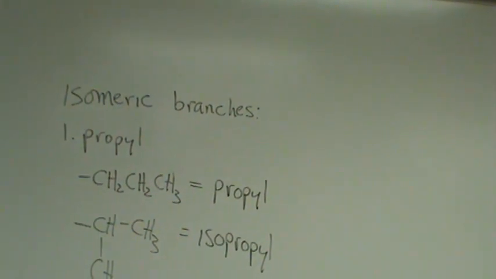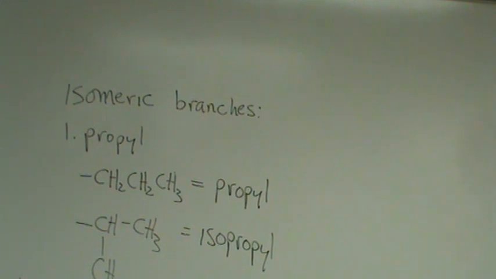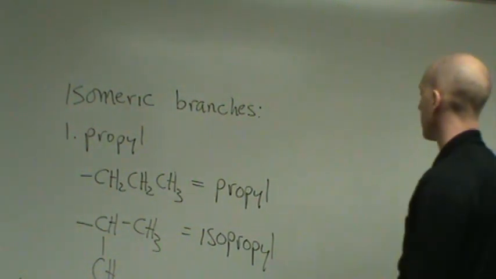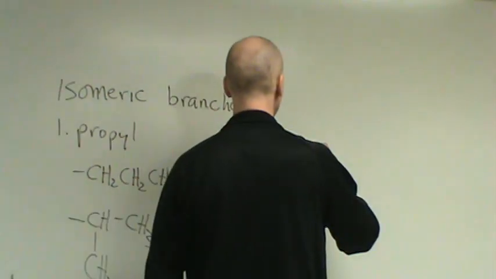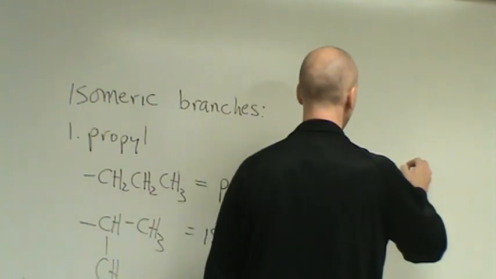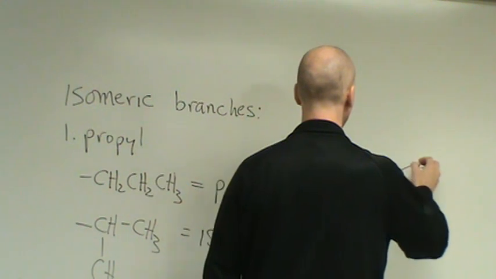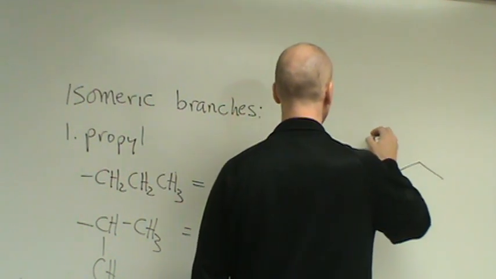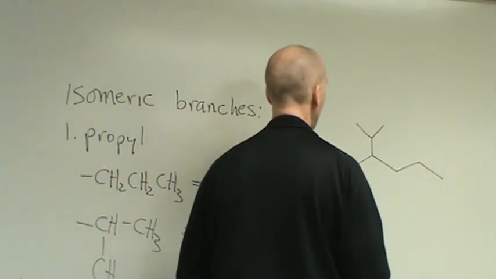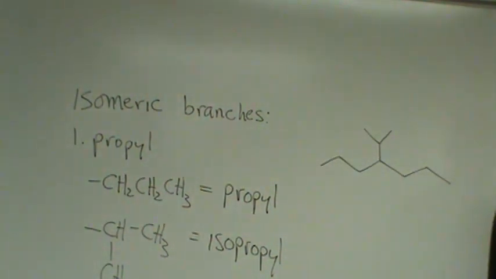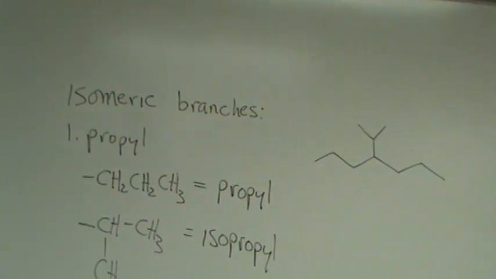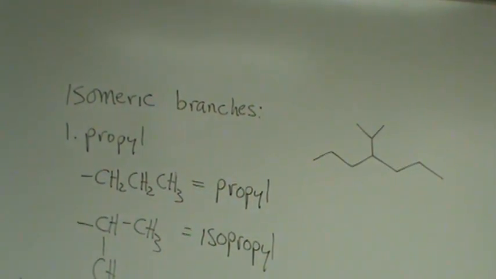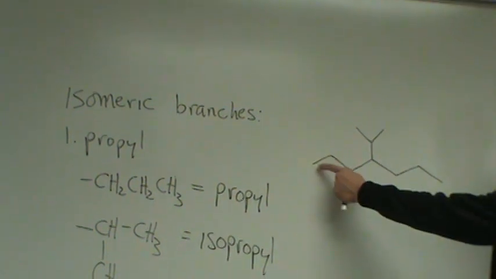So let's look at how these groups look on a parent chain. Let's suppose you had something like that. So you can see your parent chain.